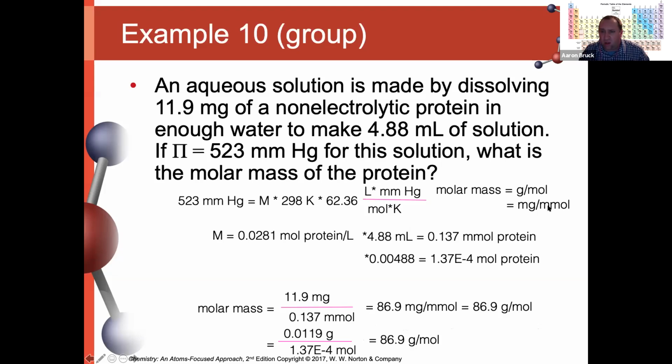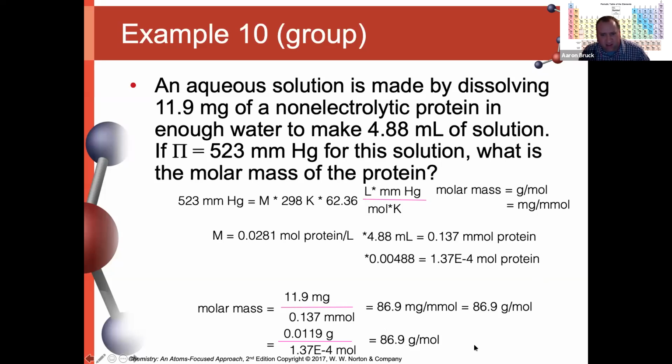So like I said, this is just a little bit of a mathematical trick when it comes to molar masses, and this would work in a number of different ways. If I had kilograms and kilomoles, I could do it that way as well. If I had micrograms and micromoles, I could do it that way as well. Regardless of how you do it, if the base unit in the numerator and the denominator is the same, it works all the way up.